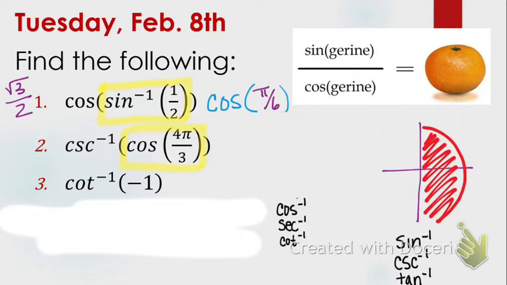And the cosine of 4 pi over 3 is what? Emma, what's the cosine of 4 pi over 3? So negative 1/2, that would go right here.